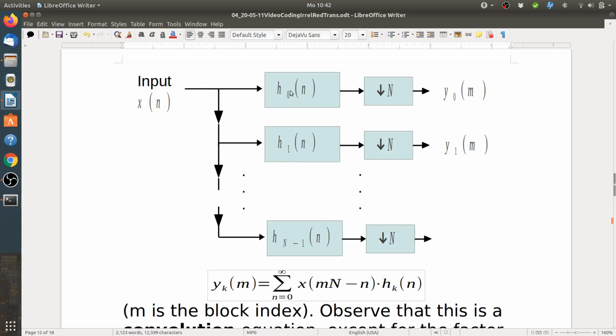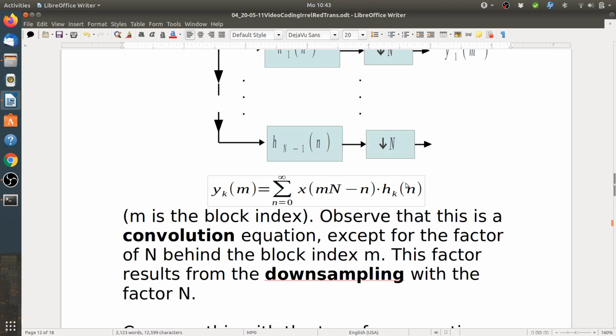So each node is usually a low pass filter, then comes the band pass filters, and the last one is the high pass filter. And at the output of each filter, since each has the same bandwidth, you can apply the same downsampling rate, and it's critically sampled if this downsampling factor is identical to the number of subbands.